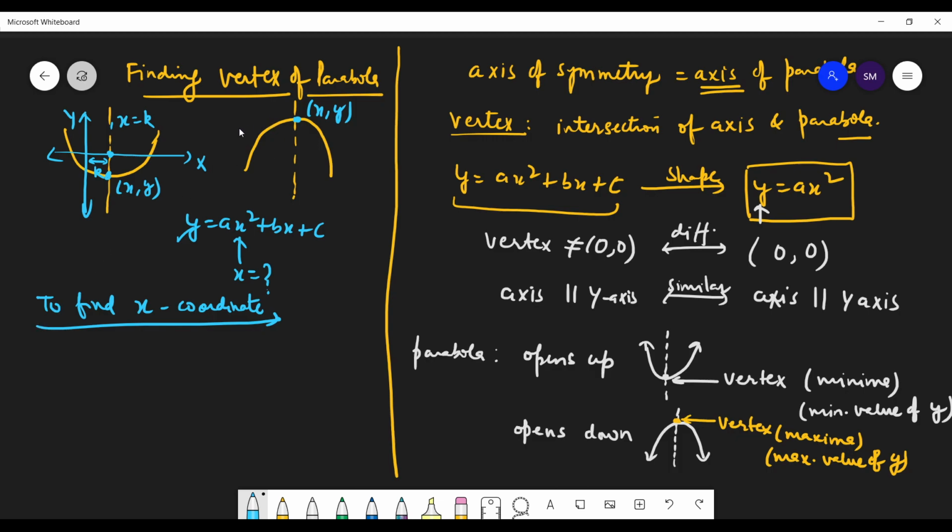Will this line always pass through the x-axis or not, students? Yes, it will, because the axis of symmetry is parallel to the y-axis, so it will always pass through the x-axis. So what are the coordinates of this point when it passes through the x-axis?